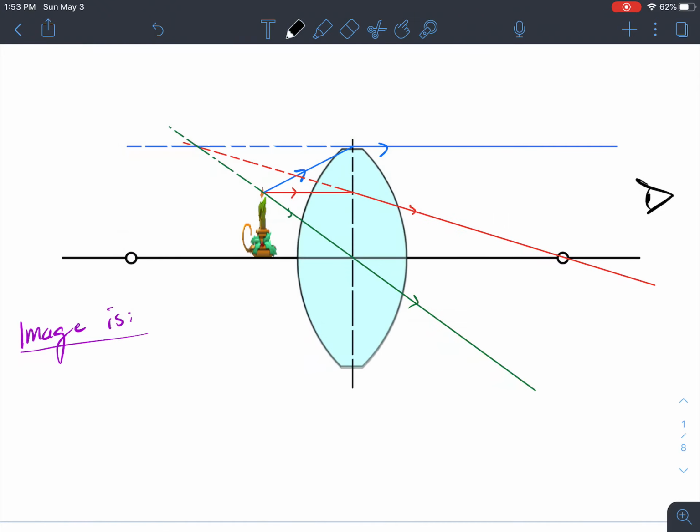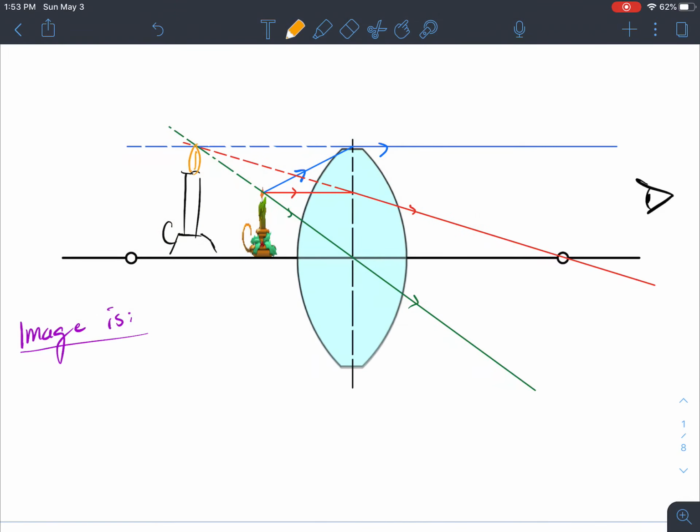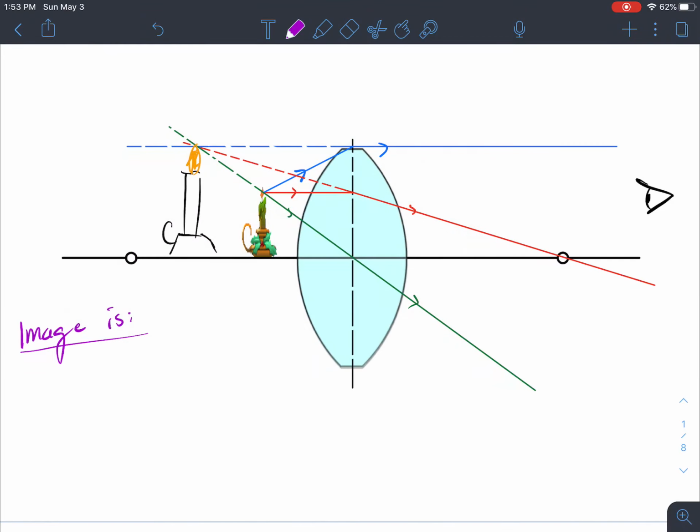of these virtual rays. Okay, so we're going to have our candle over here. What you'll notice is this candle is larger. Okay, so with this type of lens and this type of setup with the object inside the focal length, we have a virtual image.